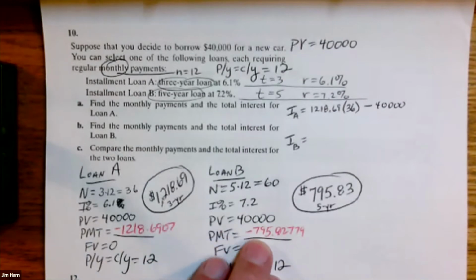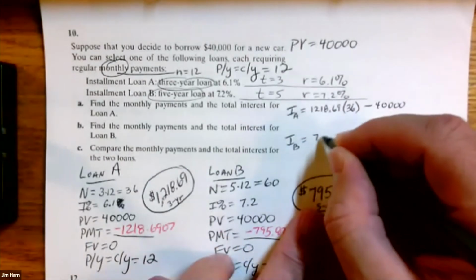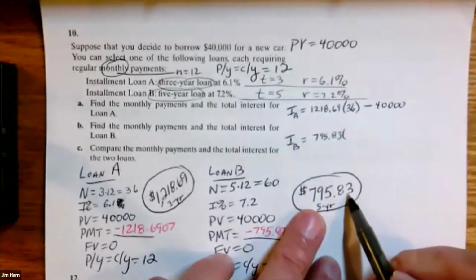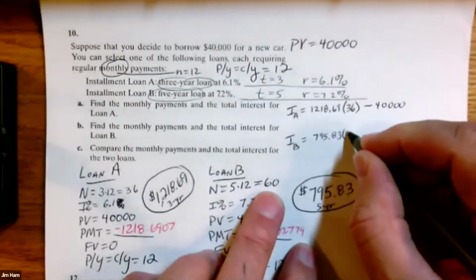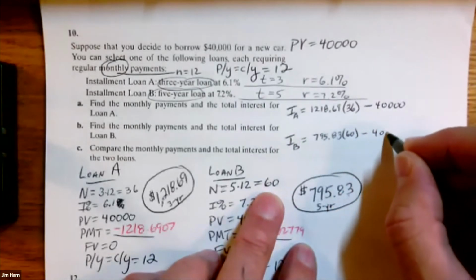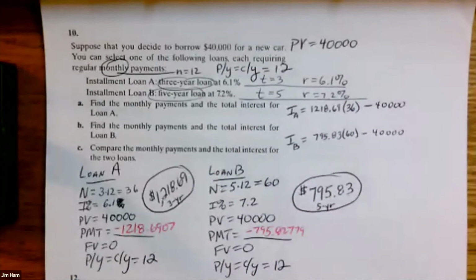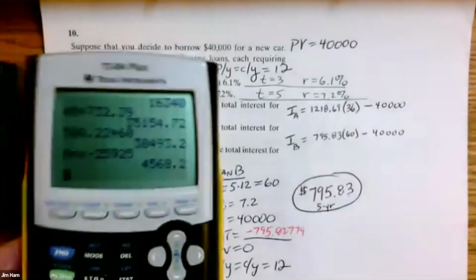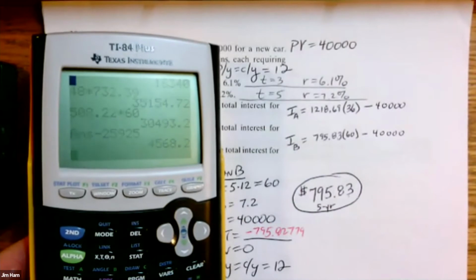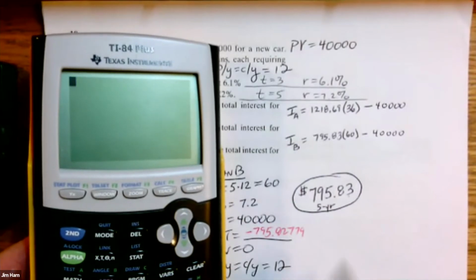For the B loan, we're going to make payments of $795.83, but we're going to make 60 of them because we have to take this loan out over a 5-year period. And again, we're going to subtract out the principal, so everything that's left is the interest. The interest calculation is arithmetic. Just do it on your home screen. There's no need to do anything with the TVM solver.